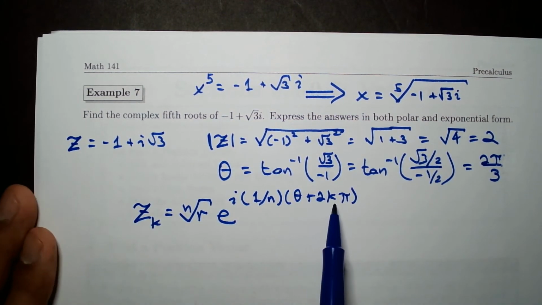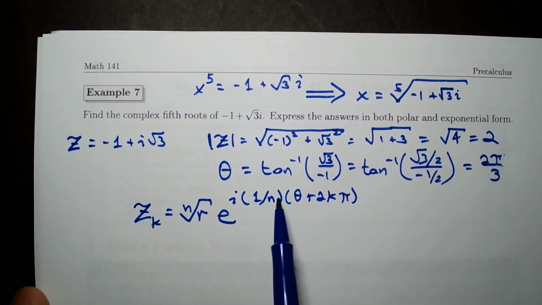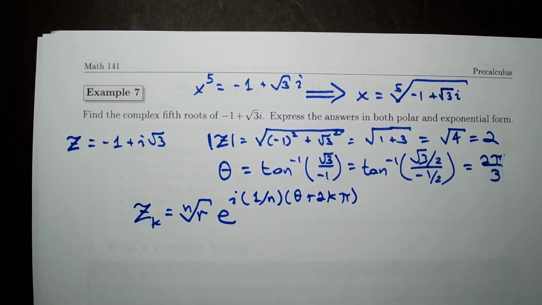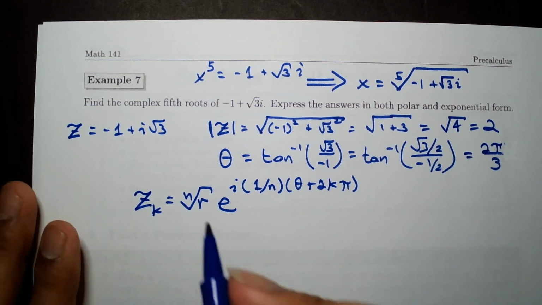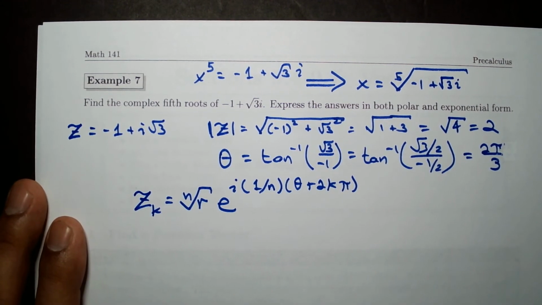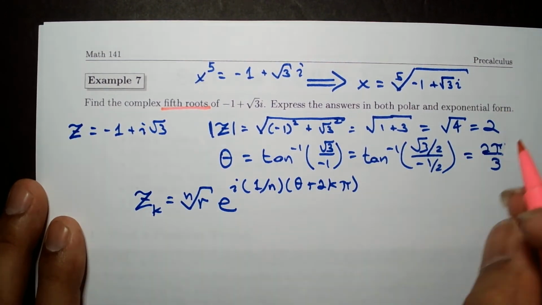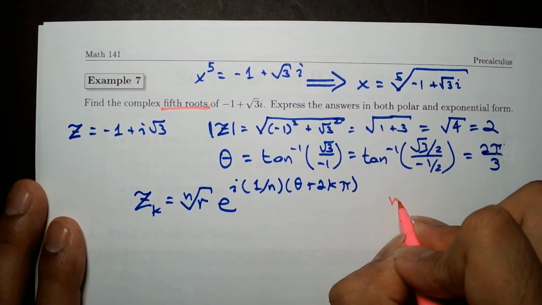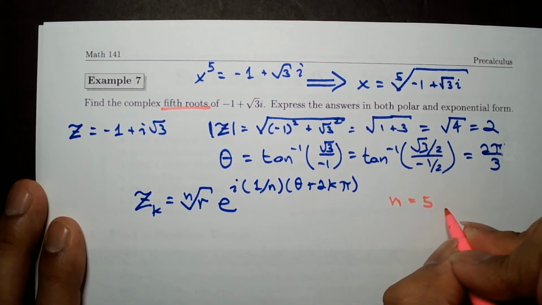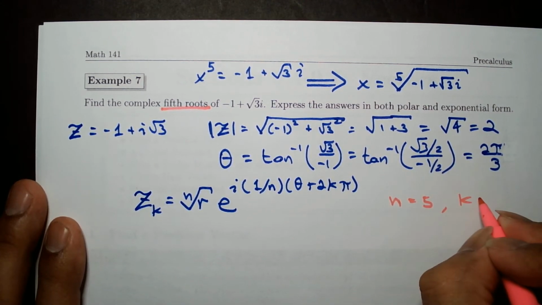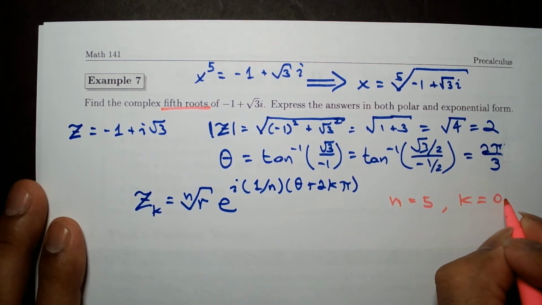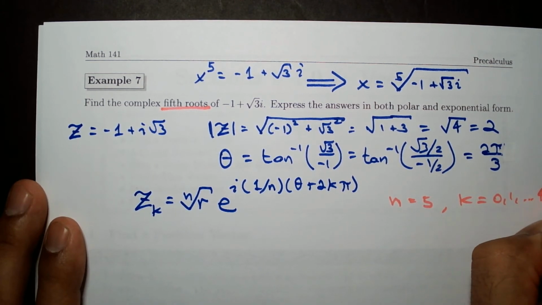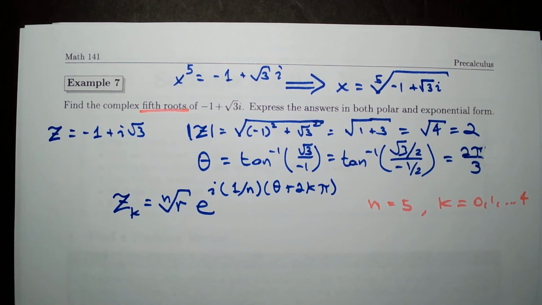In this case, k depends on the iterations based on n. We're looking for the fifth root, which means n equals 5 and k is going to go from 0, 1, up to 4.